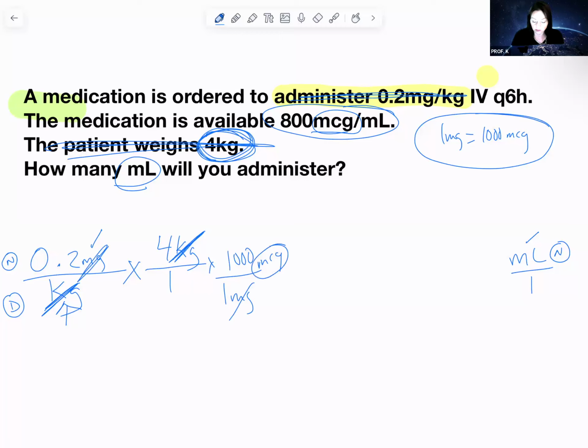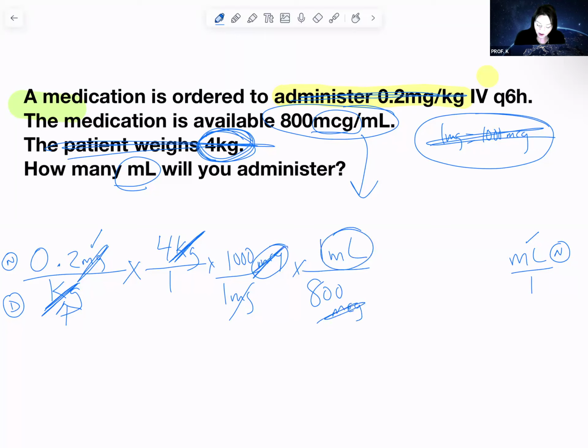Now I've got to get rid of micrograms. So I've used that. Now I can use what's in my problem. You see how it's a process of elimination. 800 micrograms in 1 milliliter. Cross off my micrograms, and now I am only left with milliliters, and that's exactly what I need. So you guessed it, now it's just math. Sorry, 1 second.